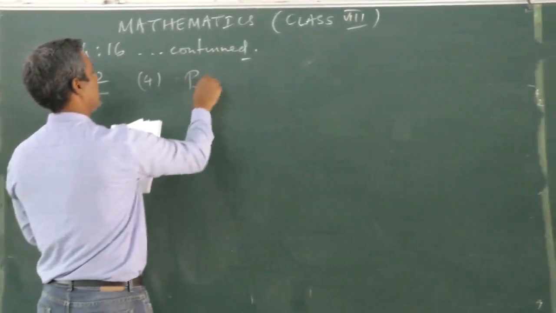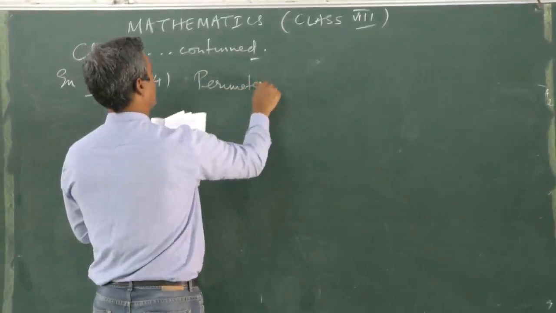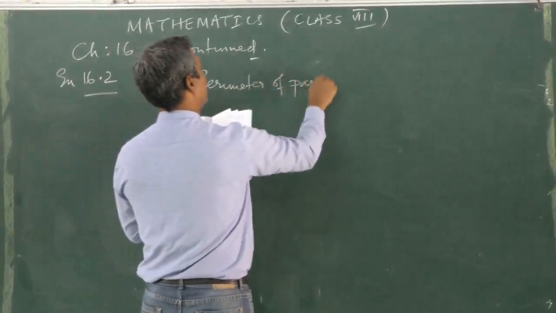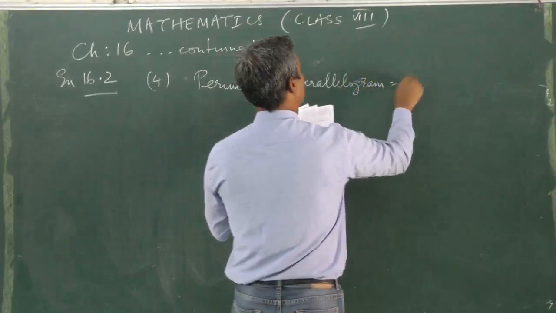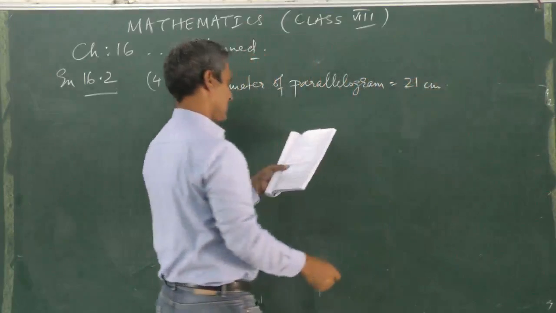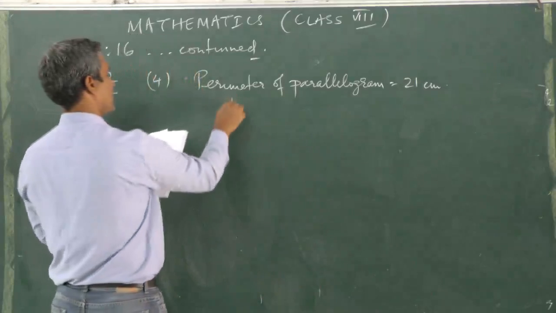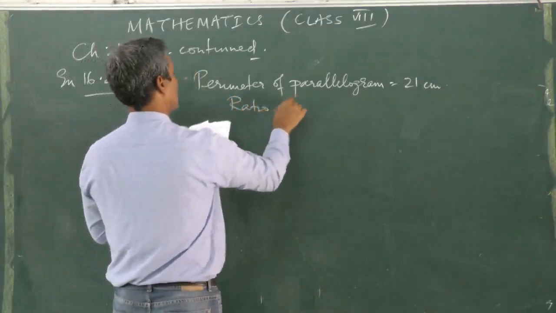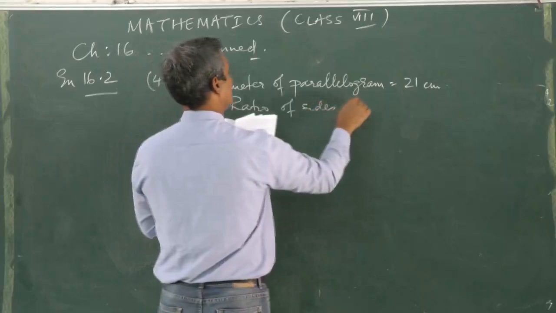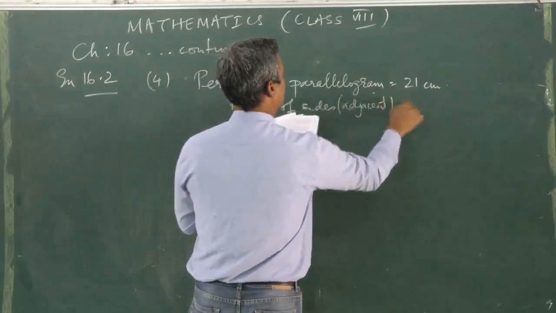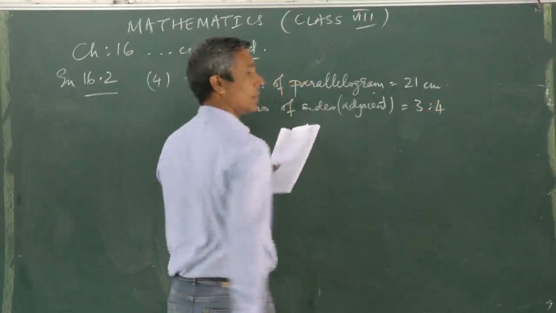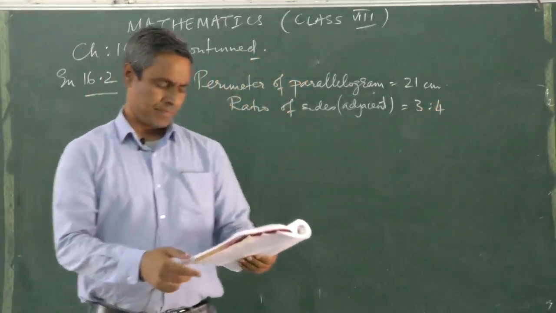So perimeter of parallelogram 21 centimeters, ratio of adjacent sides is 3:4.